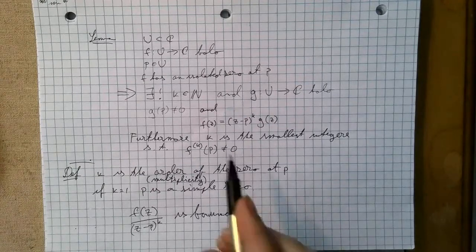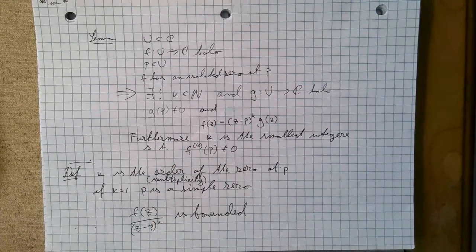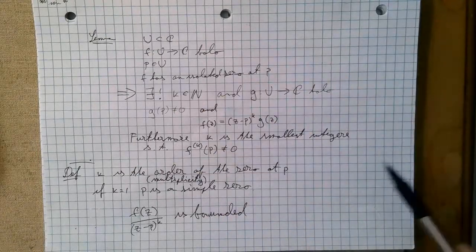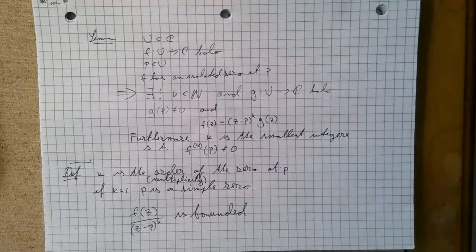There is something hidden in this lemma that might not be immediately obvious from just the statement, and that's that every isolated 0 of a holomorphic function is of finite order.